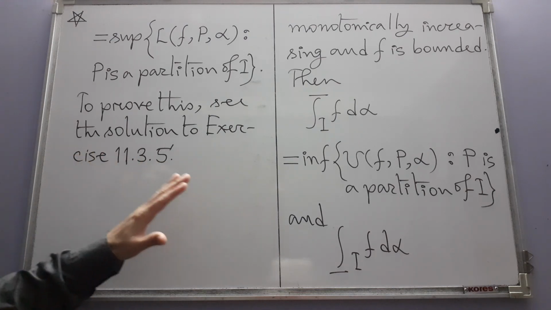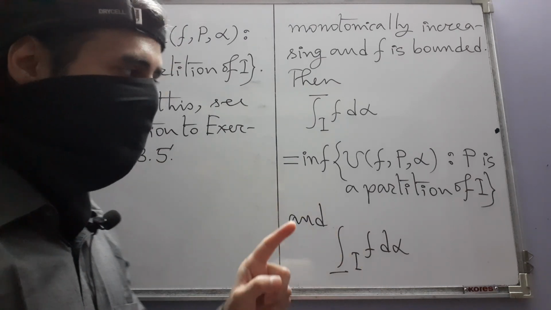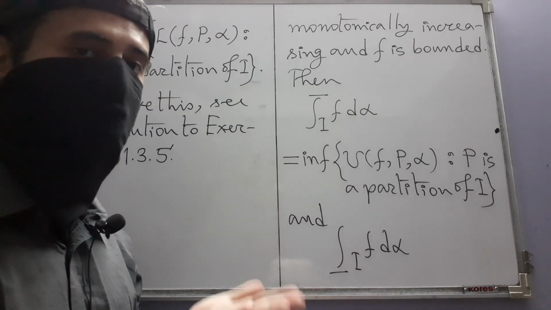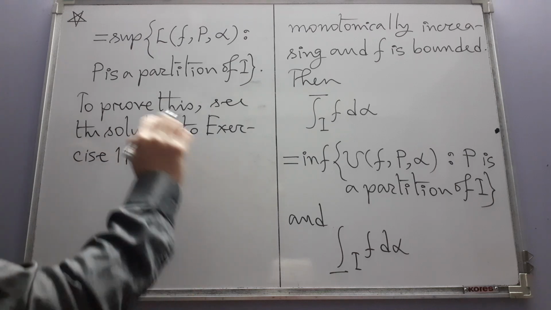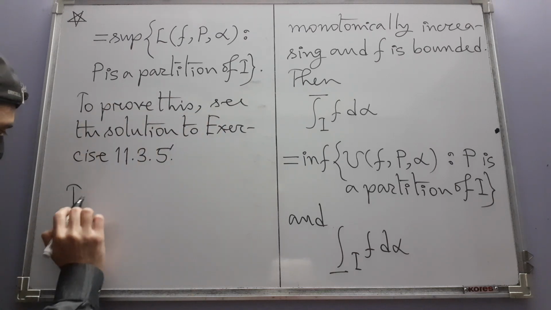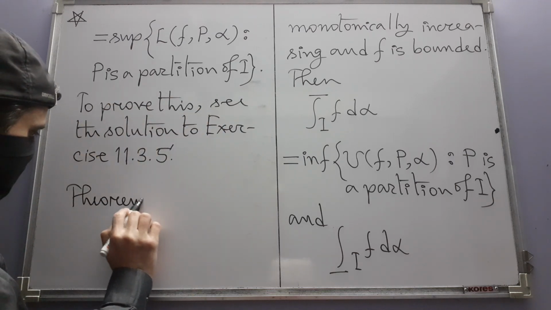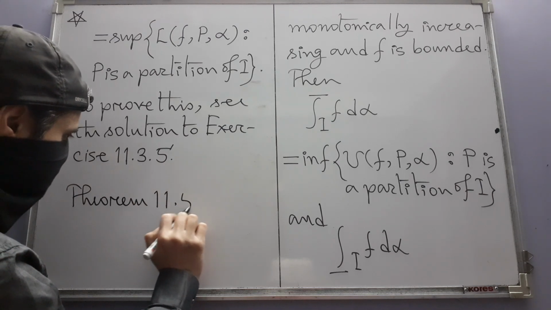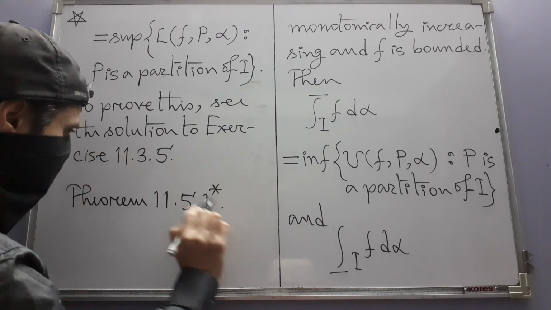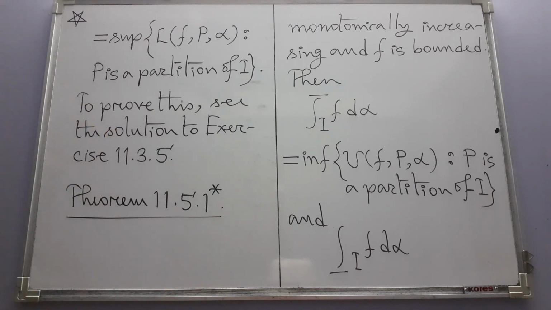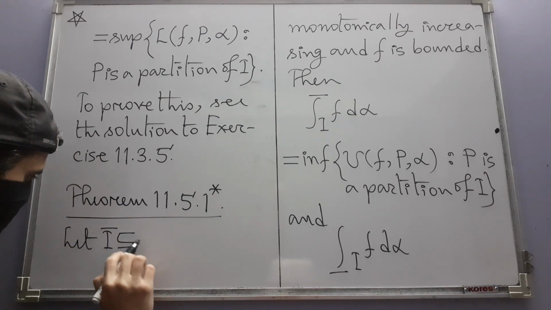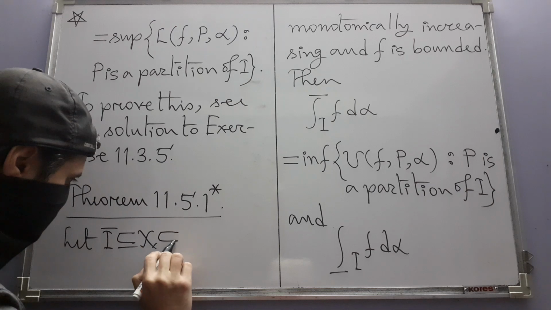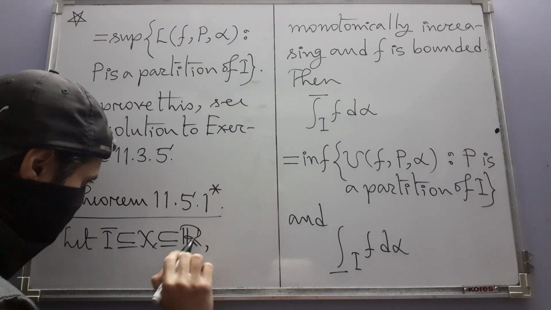Okay, so now we have these results, and now we can state the Riemann-Stieltjes version of our actual theorem 11.5.1. According to how we are naming these things, let me call this theorem 11.5.1 star. Alright. And this is the statement. Let these containments be true.